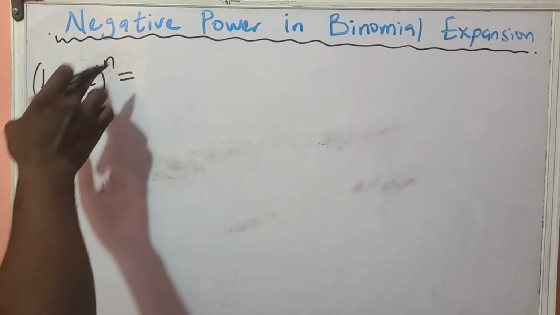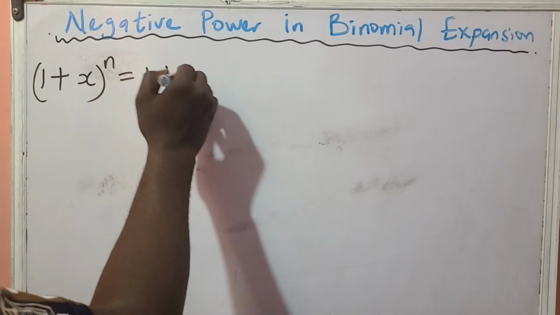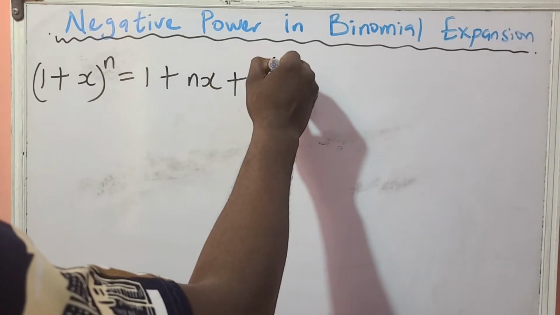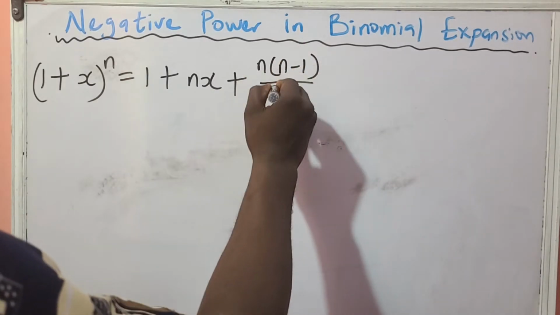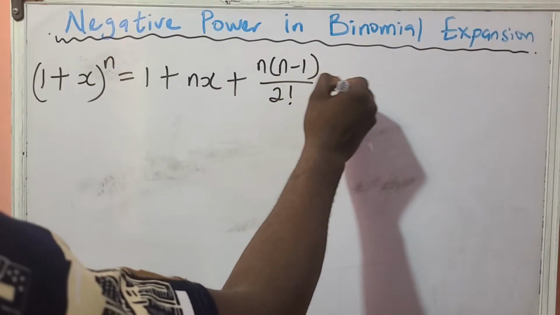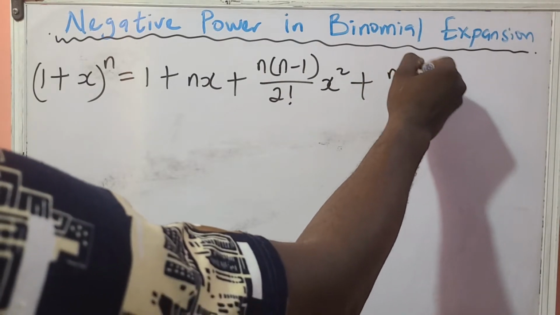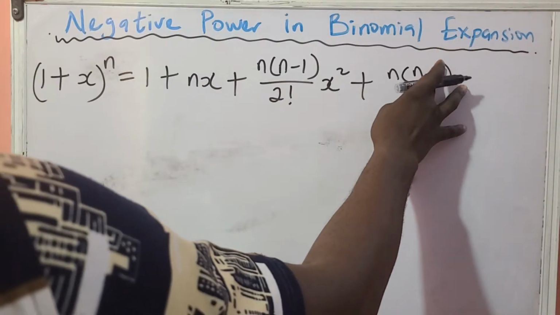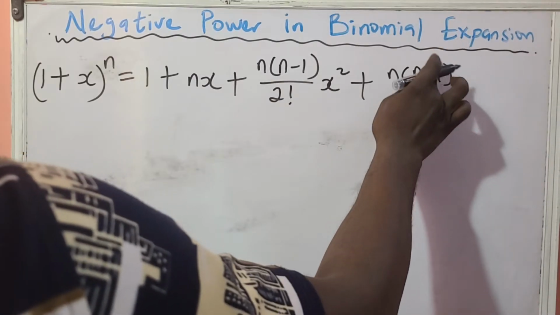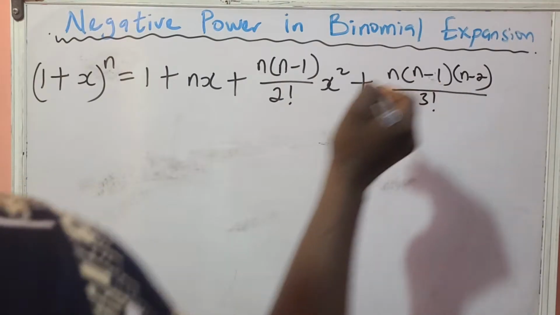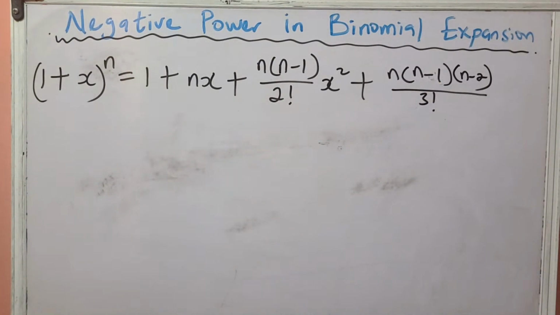So we have (1 + x) raised to the power of n equals 1 + nx + n(n - 1) over 2 factorial x squared + n(n - 1)(n - 2) all over 3 factorial, and then in this case, we will have x raised to the power of 3, plus on and on and on.